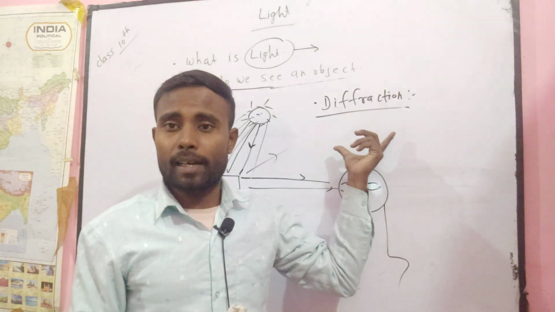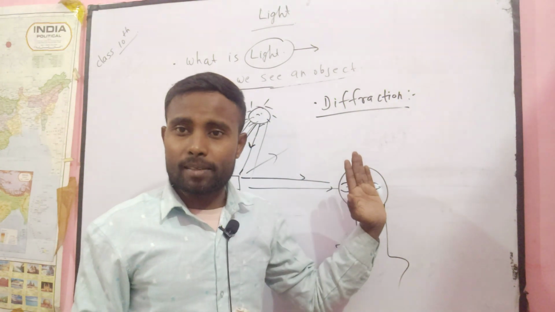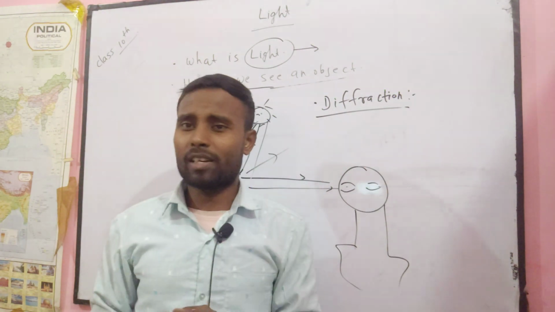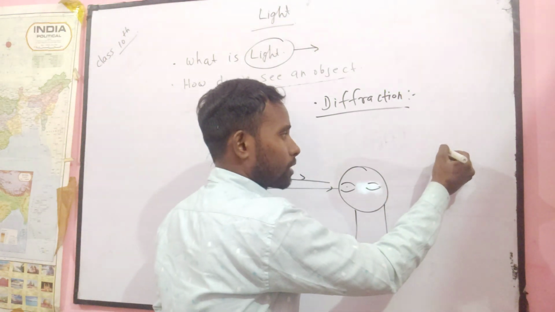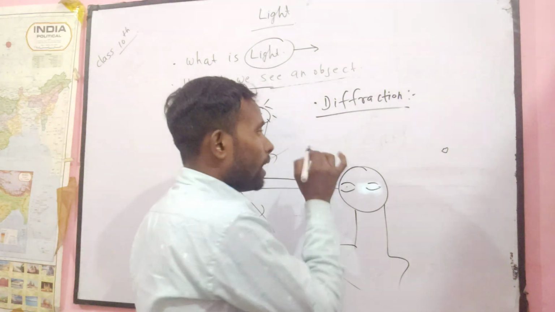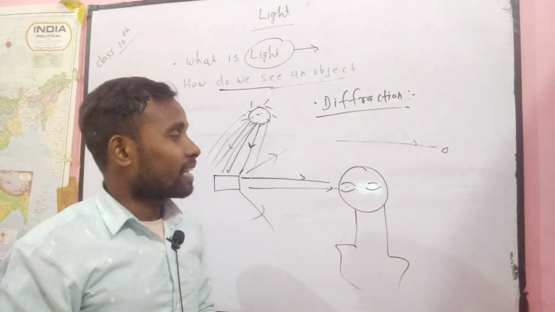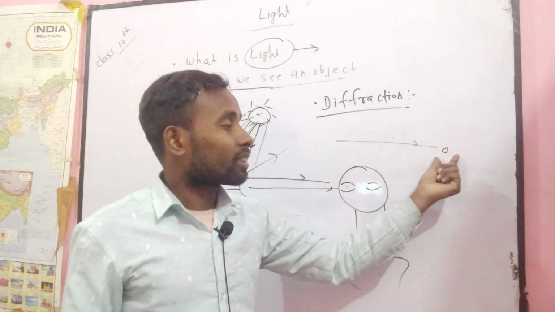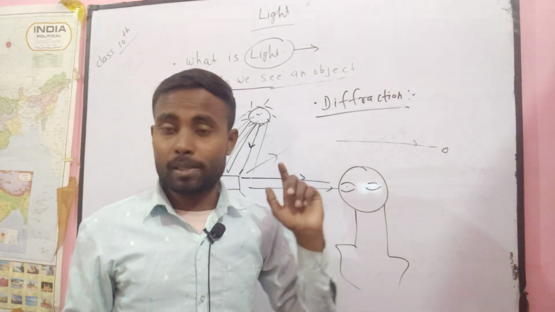And here I want to explain diffraction superficially on the basis of particle theory. Suppose this is a teeny particle, any teeny particle. I have drawn this object too large, but you don't consider it as this size, just consider it as a particle, that means atoms or molecules as you have studied in chemistry.